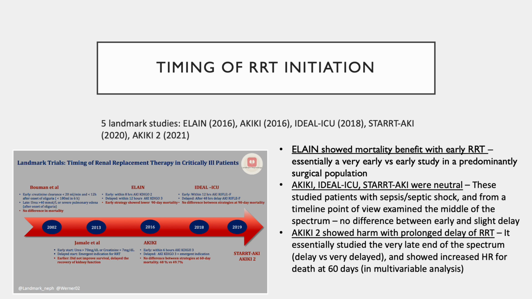The AKIKI 2 study really aimed to look at what is a reasonable time frame for waiting, and looking at how it was conducted, it was essentially studying a delayed versus an ultra-delayed kind of strategy. And it was suggested that in patients with category 3 AKI, waiting too long, for example, beyond 72 hours, or if we waited until the urea level was extremely high at more than 50, there was suggestion of harm.